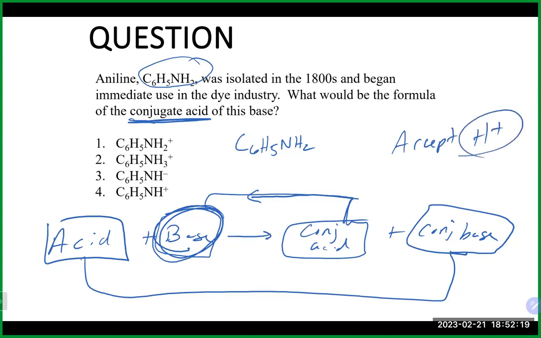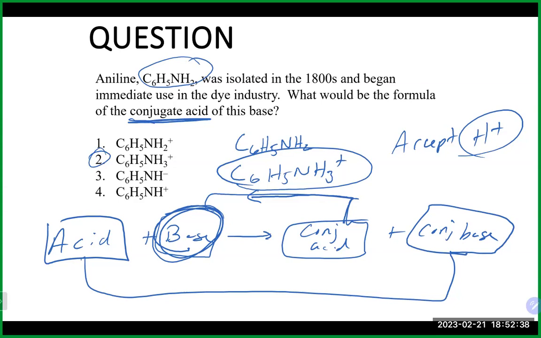You should know that's the only thing you should do, either put it on or take it off, which is usually the hard part of it. So in this case, we would want to add an H plus to it, and we would get something like C6H5NH3 plus. And it looks like maybe number 2 there would work.